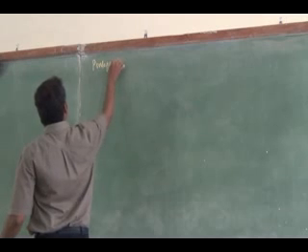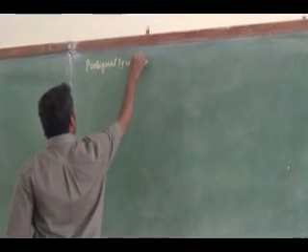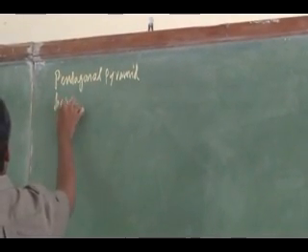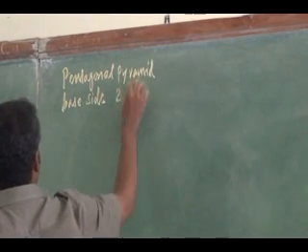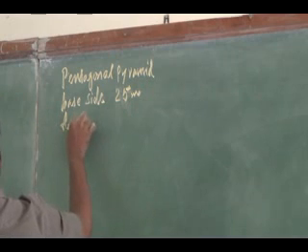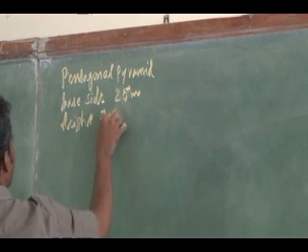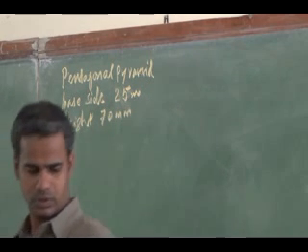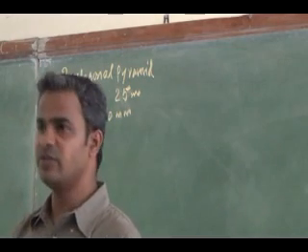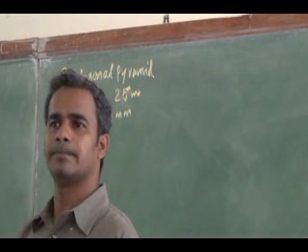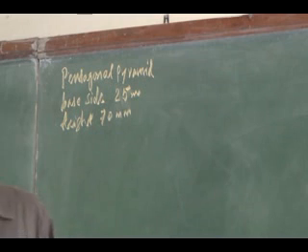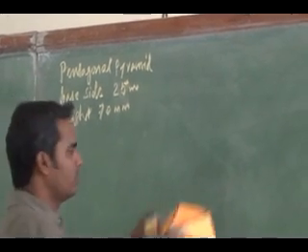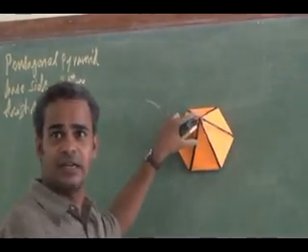Pentagonal pyramid of base side 25 mm and height 70 mm is in VP with a base corner such that the slant edge containing the base corner is perpendicular to VP.